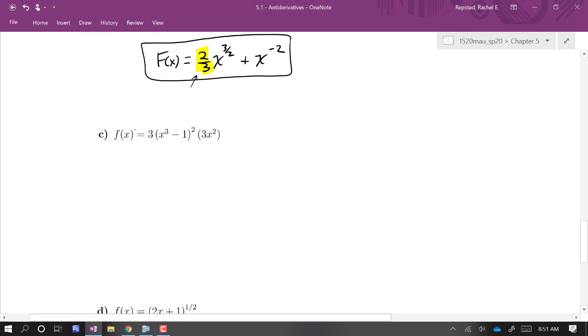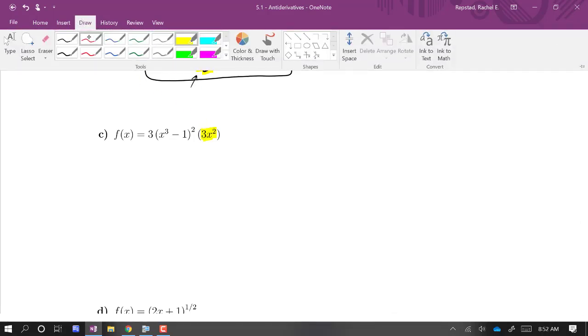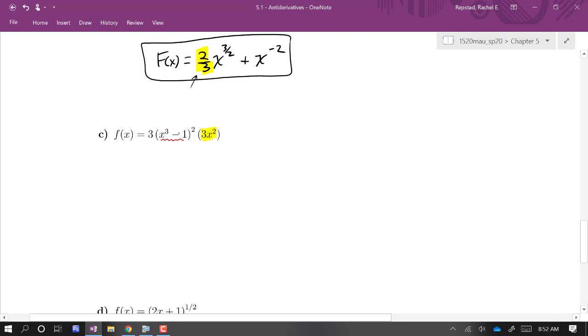And one of the most helpful things to realize is that this part here, the 3x squared, is actually equal to the derivative of what's inside those parentheses. And that means that this factor of 3x squared, when we took the derivative to get this function f of x, probably came about by using the chain rule.